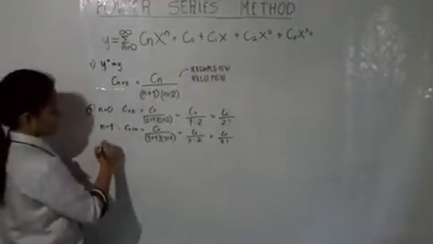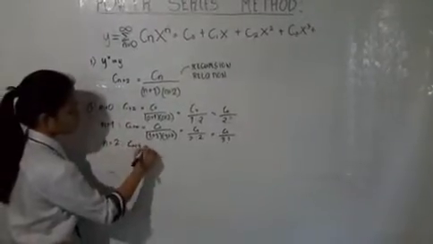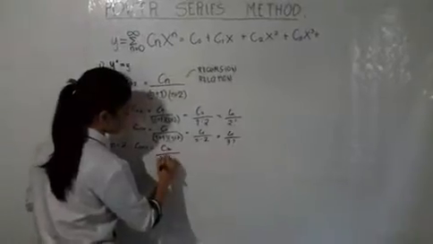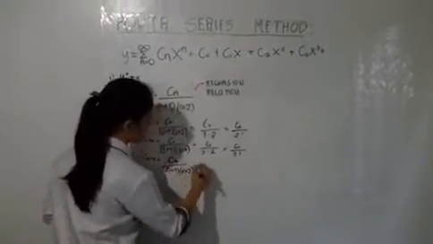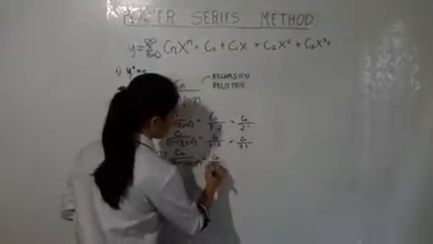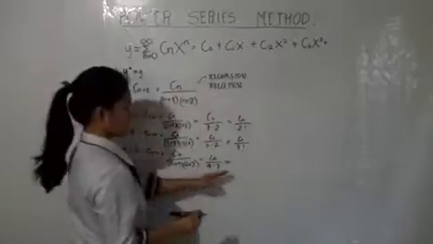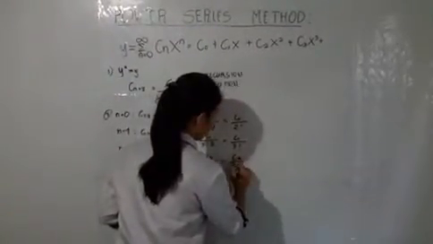Next, if n is equal to 2, c_(2 plus 2) is c2 over (2 plus 1)(2 plus 2), c2 over 4 times 3, which can also be equal to c4 over 4 factorial.